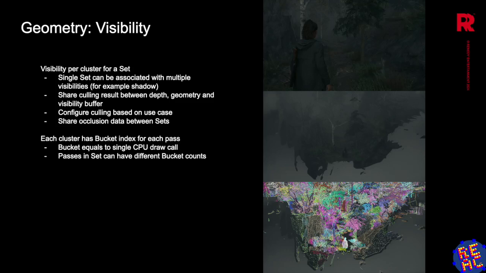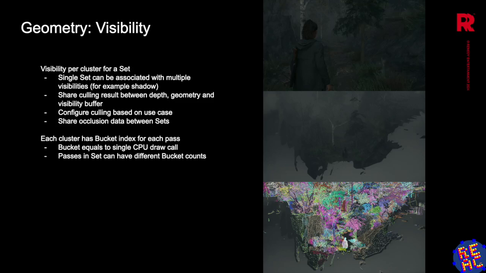As discussed before, we designed a set to share visibility of a cluster between multiple passes. This means that the visibility container will have a single Boolean state for all the clusters in a set. Or in other words, visibility is a bit per cluster, and that bit is shared for all the passes in a set.